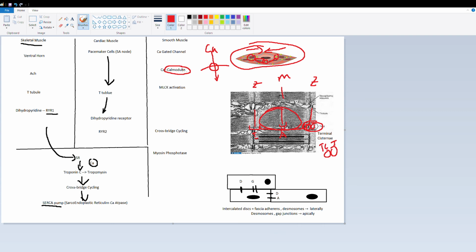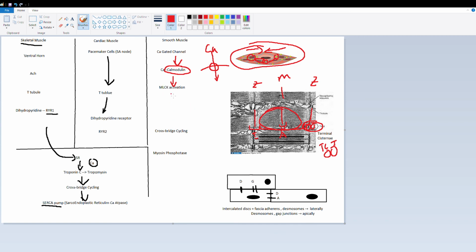So calcium and calmodulin will form a complex. This calcium-calmodulin complex then goes on to activate something called myosin light chain kinase, which will be very important for activating our myosin. In smooth muscle, myosin needs to be phosphorylated to be activated and undergo cross-bridge cycling.